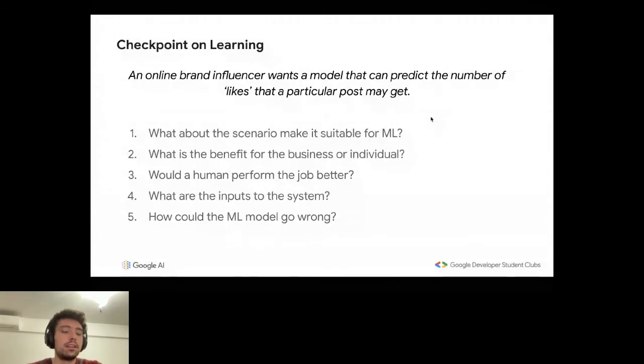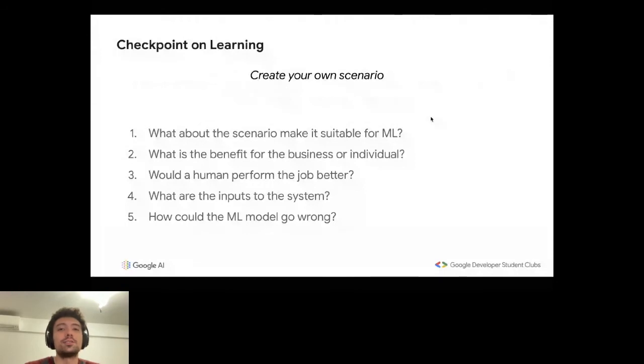But again, analyzing social networks is not an easy problem. So I'll let you think about this on your own, and please also come up with your own scenario in which you think a machine learning model is not really applicable.